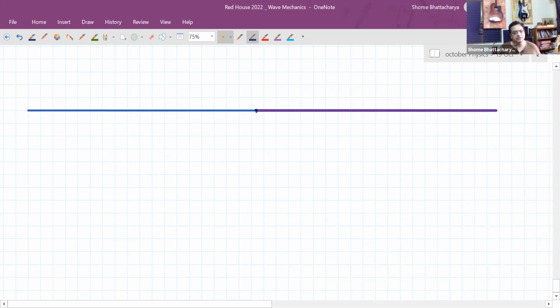So what we can do is take the junction point as the point x equal to 0 and take this as the positive x direction. This will be the most convenient way of representing the coordinate frame.